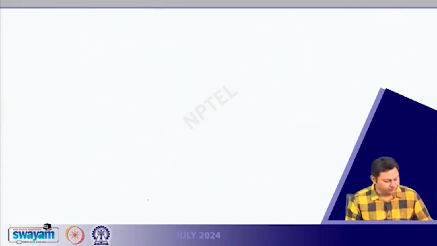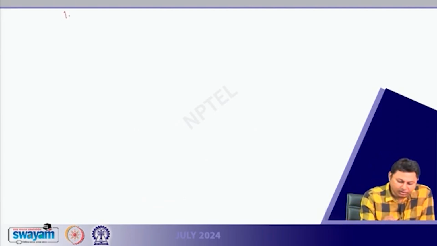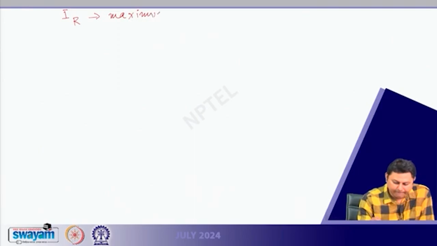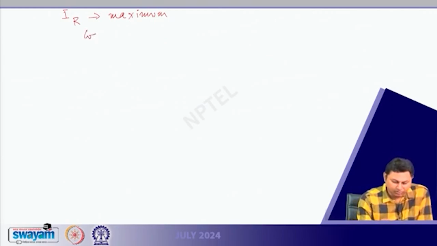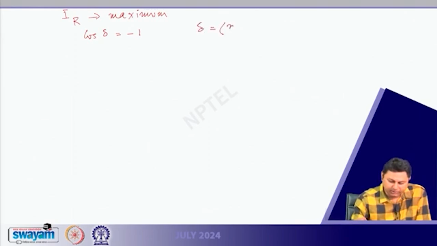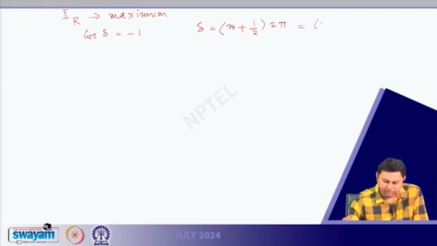Well, one can also find when IR is maximum, and that is when cos delta is equal to -1, or delta is (m plus half) of 2 pi, in other words (2m plus 1) times pi.